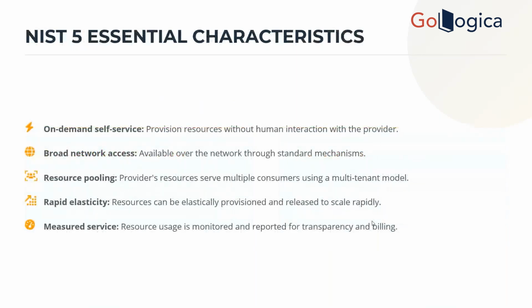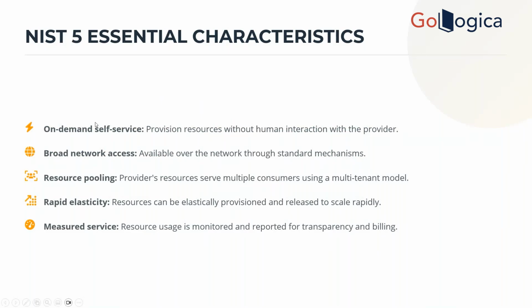So getting right to the NIST five essential characteristics of cloud computing. This is the National Institute of Standards and Technology. The five essential characteristics they have for cloud computing: first is on-demand self-service.